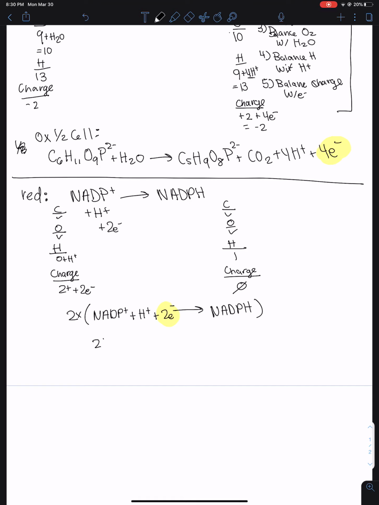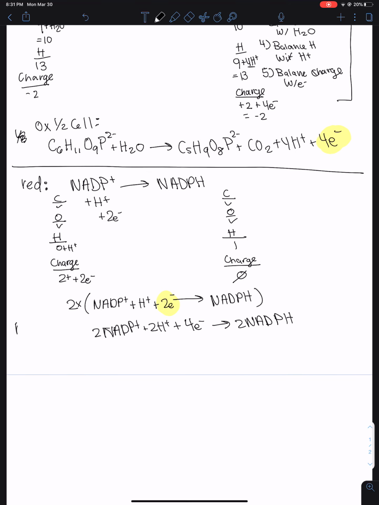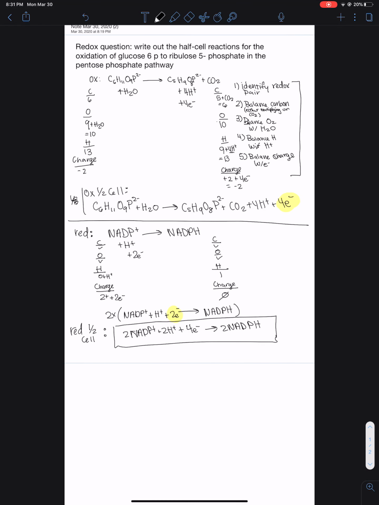So then I get 2 NADP plus 2 protons plus 4 electrons, 2 NADPH. And so this is going to be my reduction half cell right here, and this is going to be my oxidation half cell.